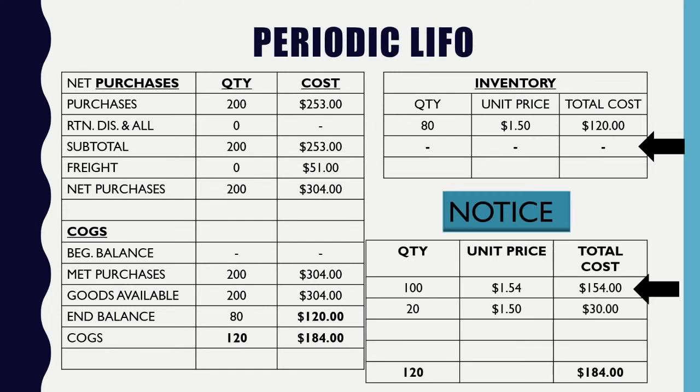So in this case, notice this: we're working our way from bottom to the top. As we make a list of the purchases, we're going to start from the very bottom, or the most recent purchase, and build our way up to the top.